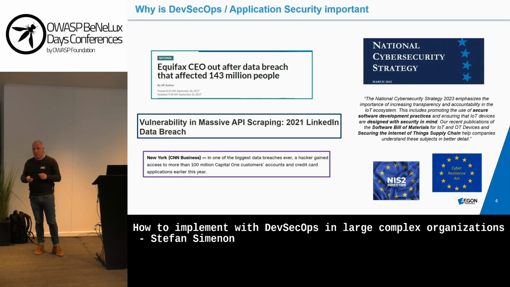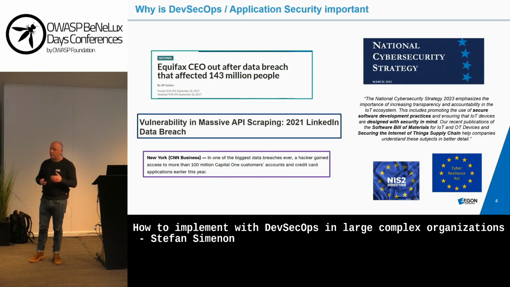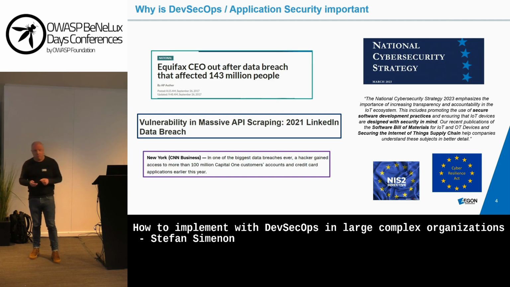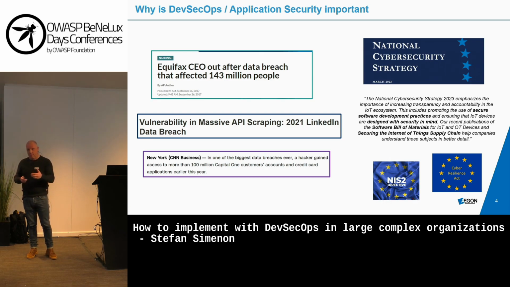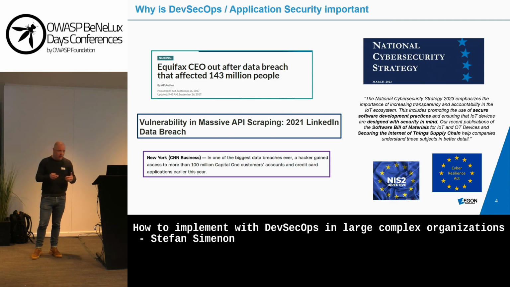And another important item, and that is getting more and more important, is the regulations. So more and more regulations are popping up, both in US, both in Europe, about holding management liable in case there is issues with security.